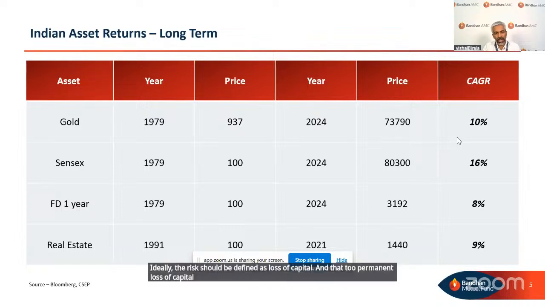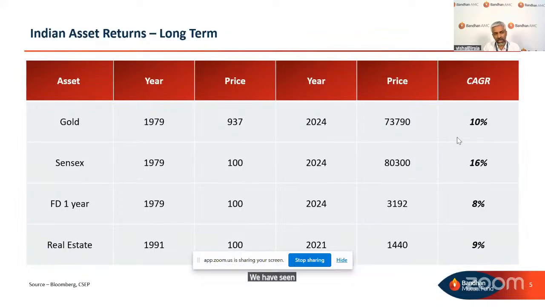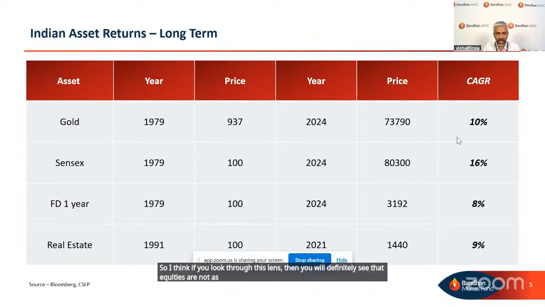But excluding that, on a longer term basis, volatilities won't matter much. We have seen n number of issues over the last 5 years, 10 years, 45 years, and all of these have created volatility, but not a permanent loss of capital. So if you look through this lens, then you will definitely see that equities are not as risky. Yes, more risky than certain asset classes, but not as bad.